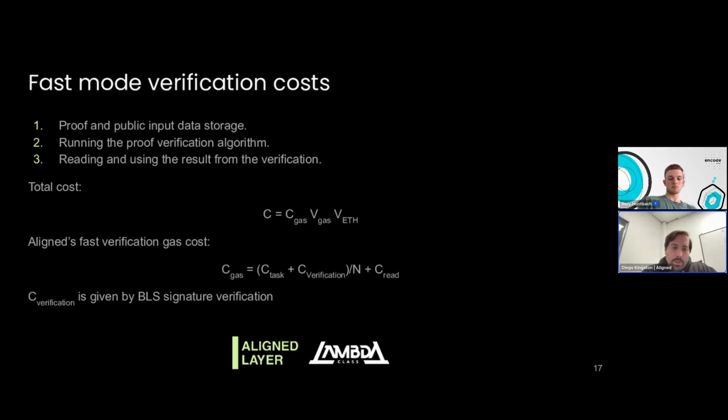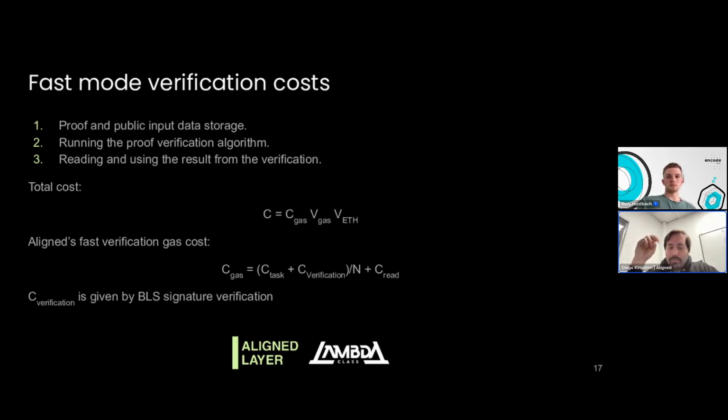Okay, so the gas cost in Aligned is given by the sum of the verification cost and the task creation, where we store the necessary data for verification, and that is divided among the n proofs that we are going to verify in a batch, plus the cost of reading the result and consuming it.